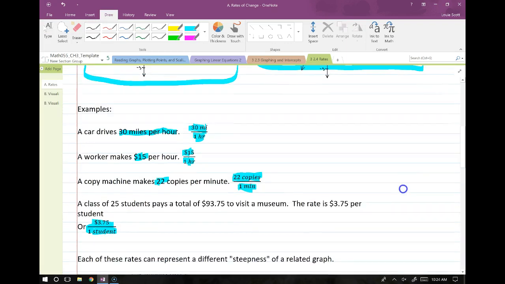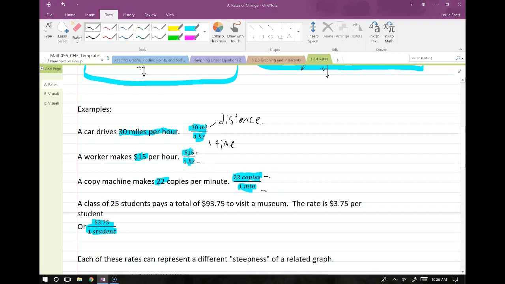So just keep in mind here, all these rates have two types of quantities in question, right? For this one, it's distance and time. And so when we take a graph of this, we're looking at the visual representation of distance over a certain time interval. With this one, it's dollars and time.